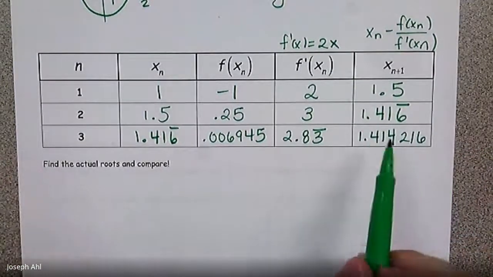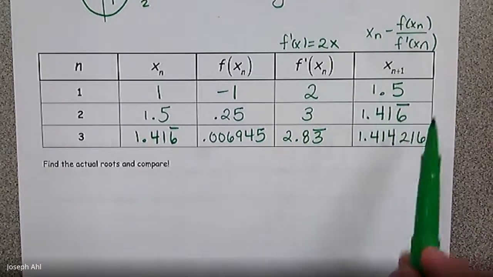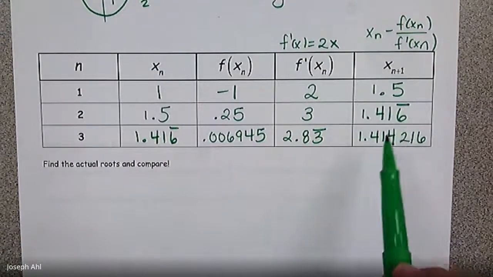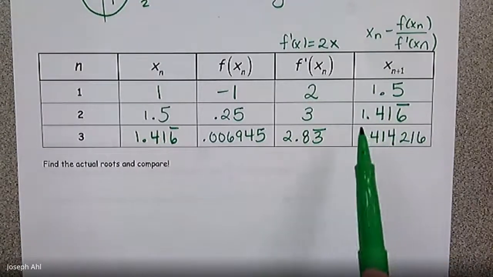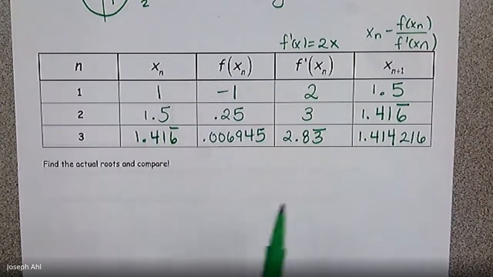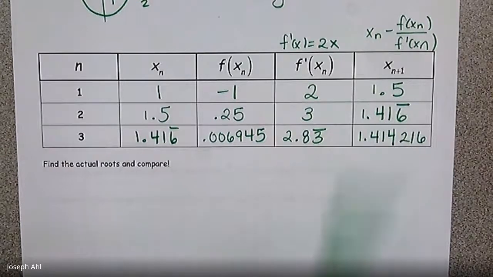Okay, so look at the change that happened from our n equals 2 guess to our n equals 3. There's not really a huge change there, is there? And that's what we'll find happens fairly quickly using Newton's method: as this process moves down through the recursive sequence, there are really tiny changes from one value of n to the next.